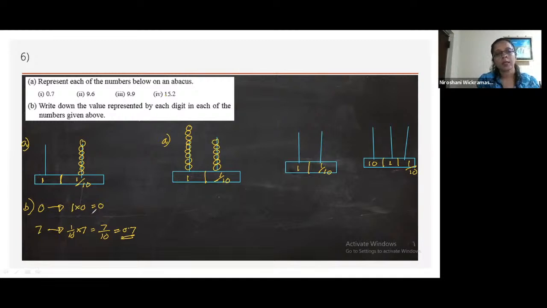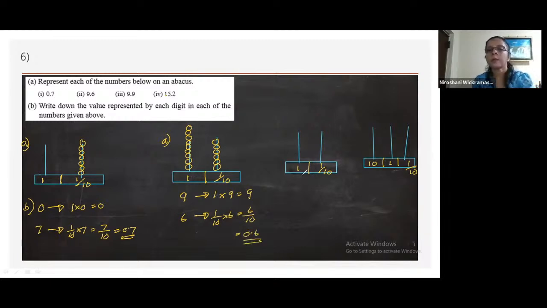You can write here unit place. You can see 9 here, representing 9. This is at the unit place, 1 times 9, 9. Here representing 6. 6 at the 1/10 place. 1/10 into 6, 6 over 10, it is 0.6.